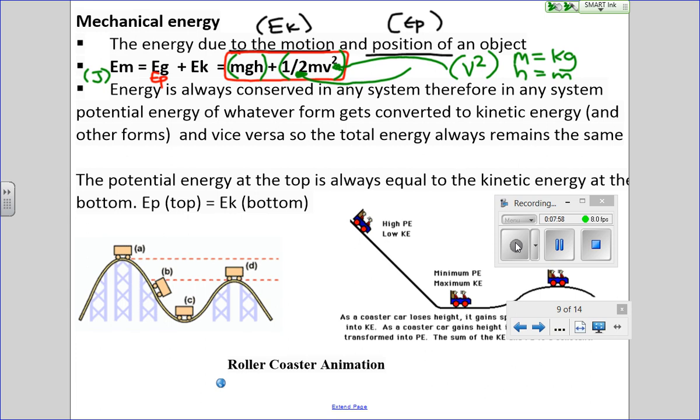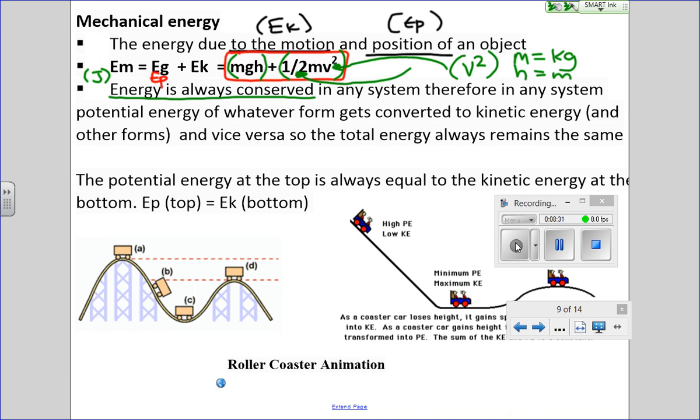Now the next point explains to you an idea about energy conservation. We'll talk a little bit later about something called the laws of thermodynamics, but in brief, the idea is that energy is always conserved. What that means is that I can't make energy disappear. If something had one type of energy, and all of a sudden it has less of that type of energy, it must have more of some other type.